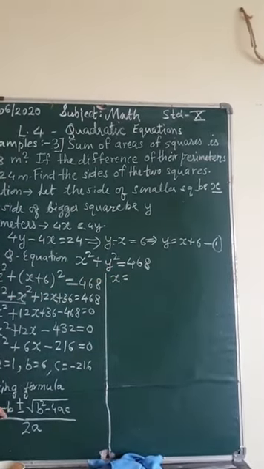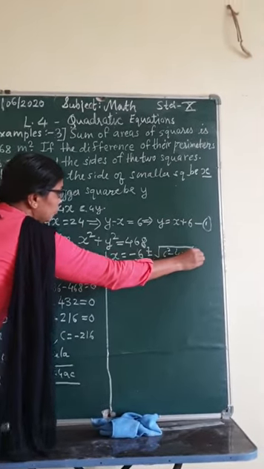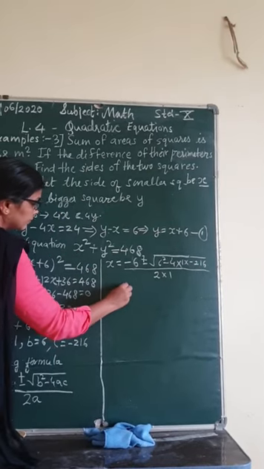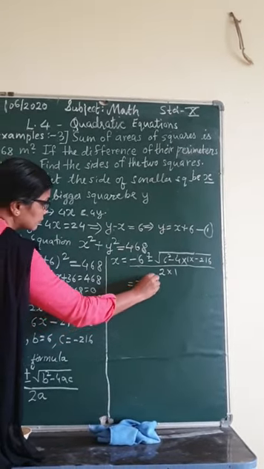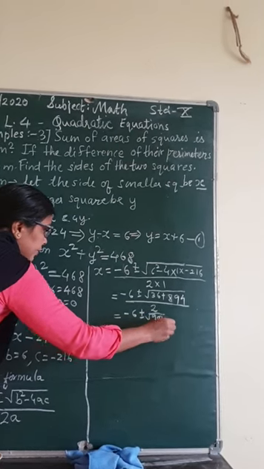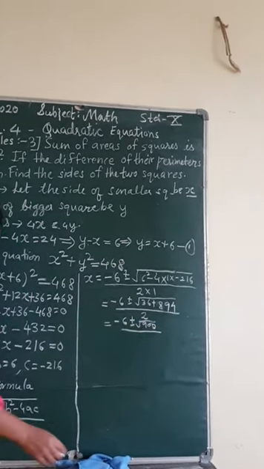So minus 6 plus or minus under square root 6 square minus 4 into 1 into minus 216 upon 2 into 1. 36 minus 4 into this, so plus, upon 2, minus 6 plus or minus square root 900 upon, sorry, it's not 900.